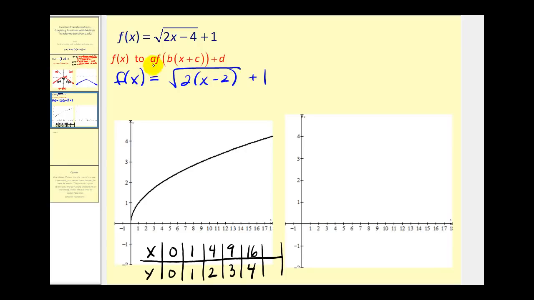Let's go ahead and identify the values of a, b, c, and d. In this case, a would be 1, b is equal to 2, which means this graph is horizontally compressed. Next, c is equal to negative 2, which means the graph will be shifted right 2 units.